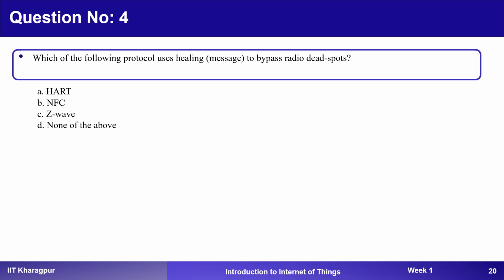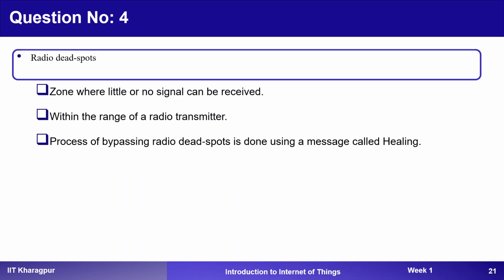Okay, can anyone tell me what a dead spot is? No? Okay. So dead spots are the zones where there is very little signal or no signal can be received at that point.